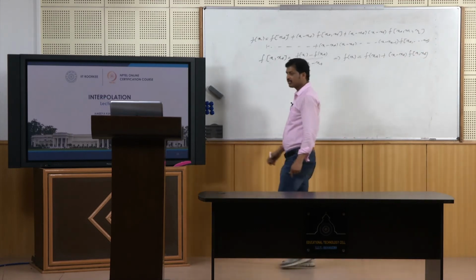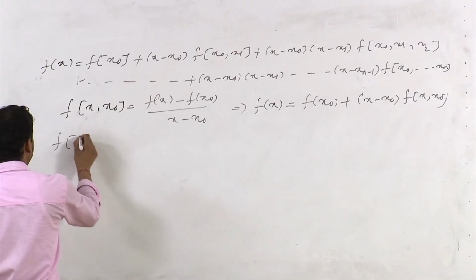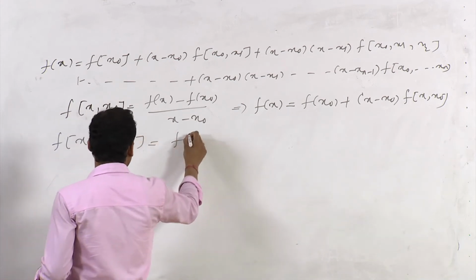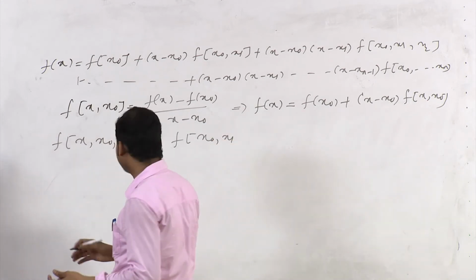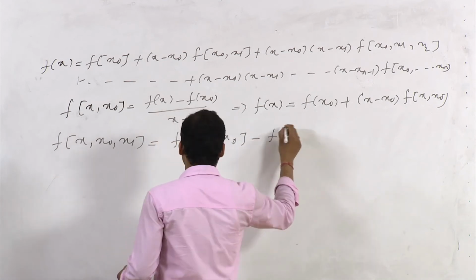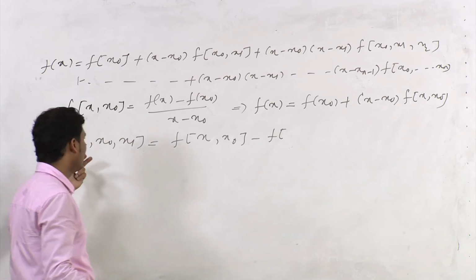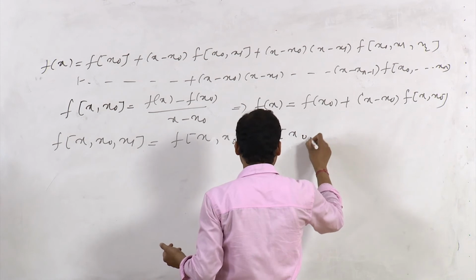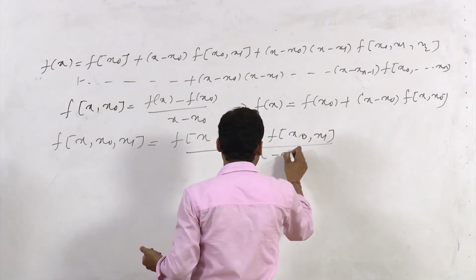Similarly, if we add one more point here, like x x0 x1, we can write this as f of x x0 minus f of x0 x1, since this is independent of the order of arguments, we can write it in any form, divided by x minus x1.